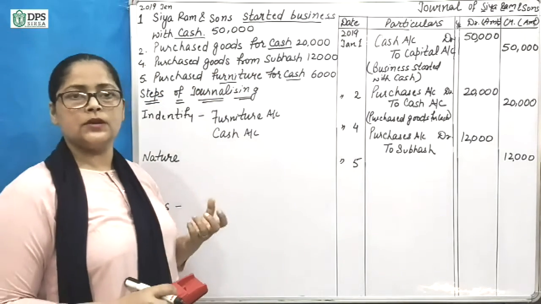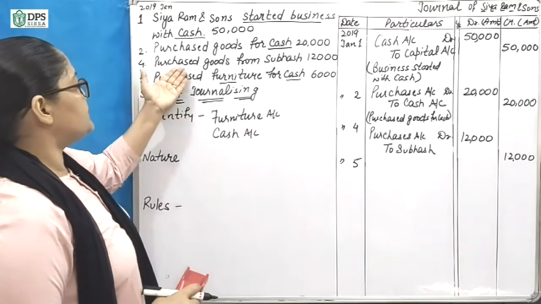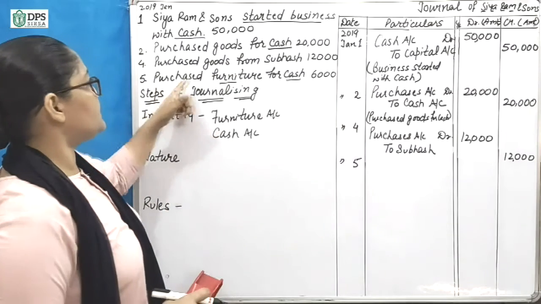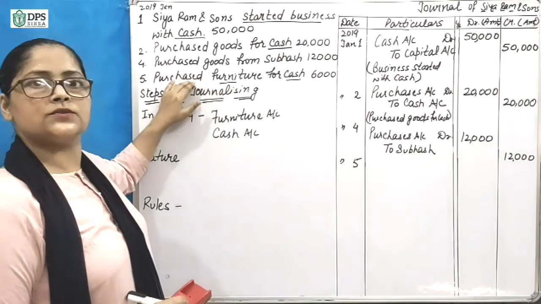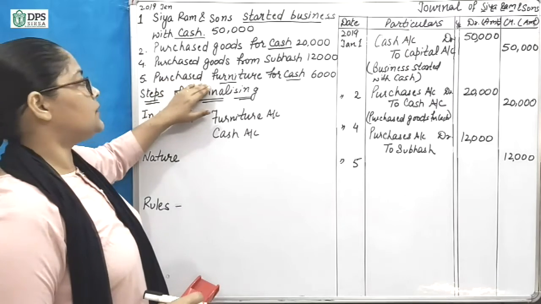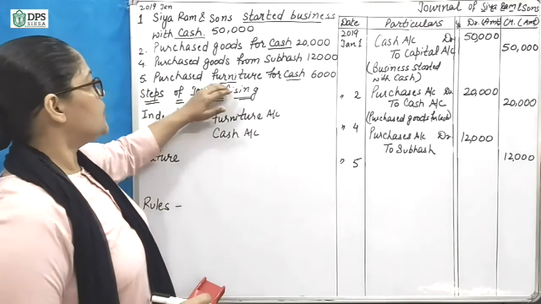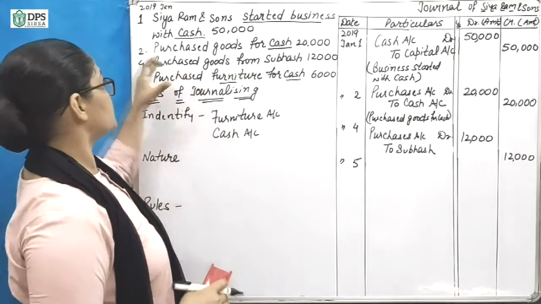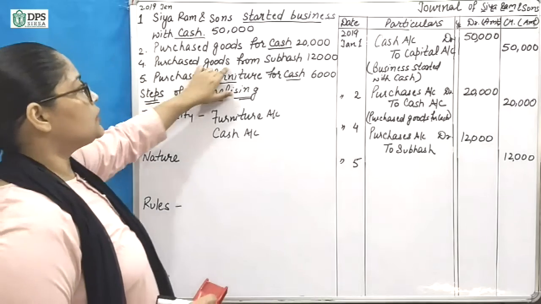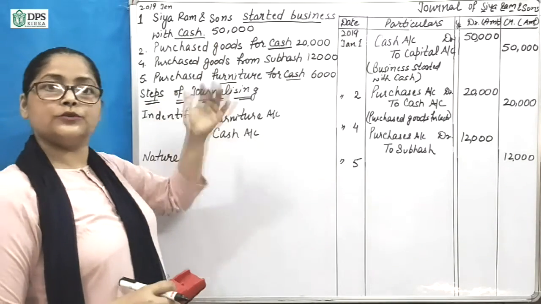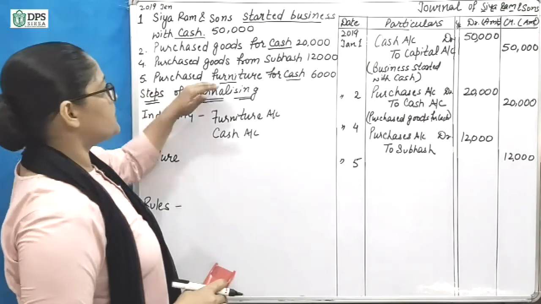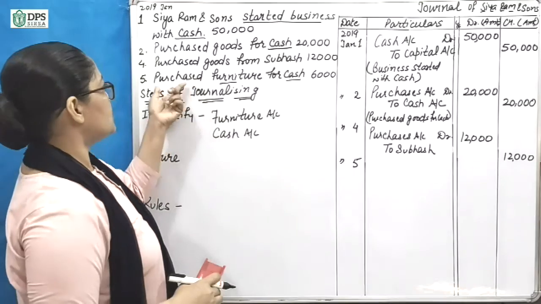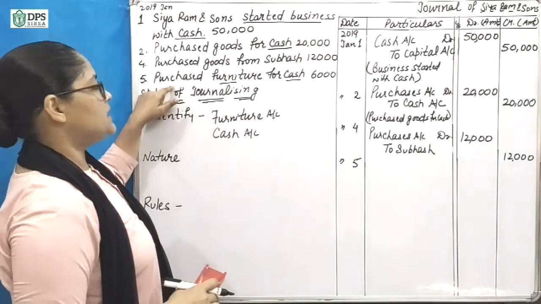Whenever we purchase goods from persons, we will write the purchases account. And when we purchased furniture, here the word purchased is used as a verb. So the word was used because we purchased furniture, so we are purchasing furniture here. There is no need to be confused, because some students get confused that here it is purchases. When we purchase goods, we write purchases, but when we purchase furniture, it is not goods, so we will write furniture, not purchases.